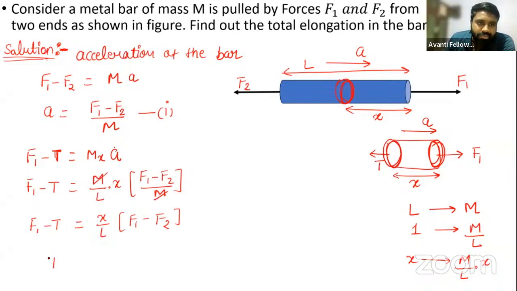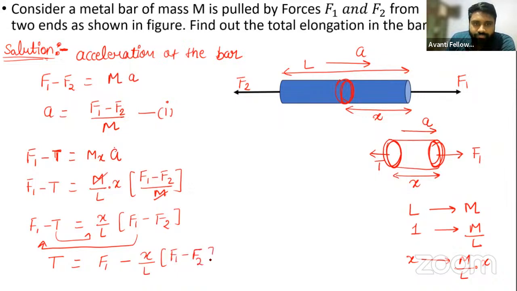Now, for the value of tension, you put this on this side and take tension on this side. So tension would become F1 minus x upon L into F1 minus F2.